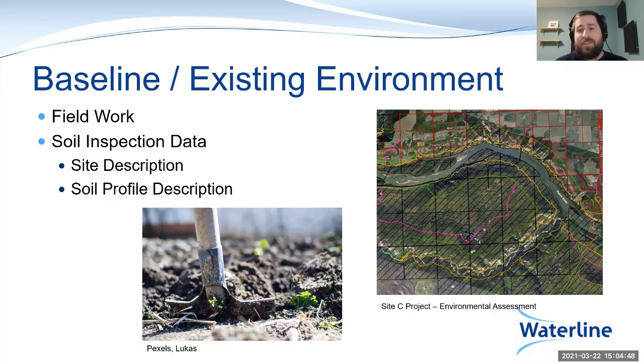So yeah, as you mentioned, Jerry, when we're doing our field work, we're collecting soil inspection data in strategic locations. So during the pre-field mapping phase of the work, you are looking at air photos or existing imagery, maybe some existing regional soil maps, and you're then subdividing the polygon base into what's called a pre-field soil map.